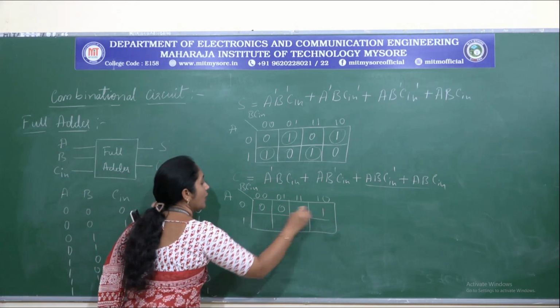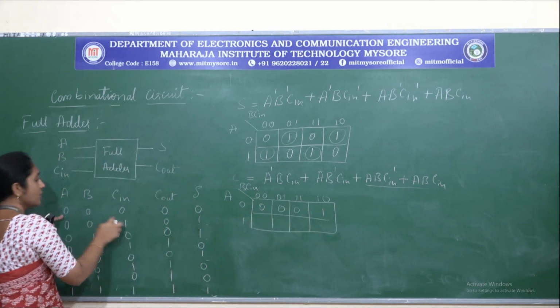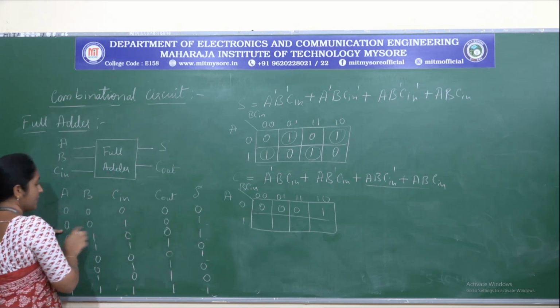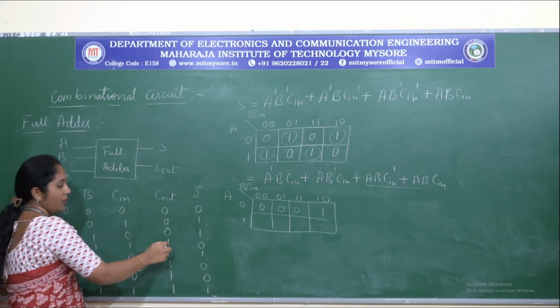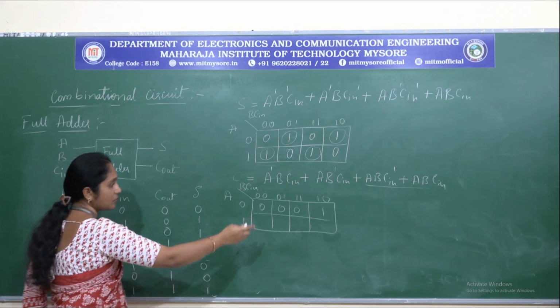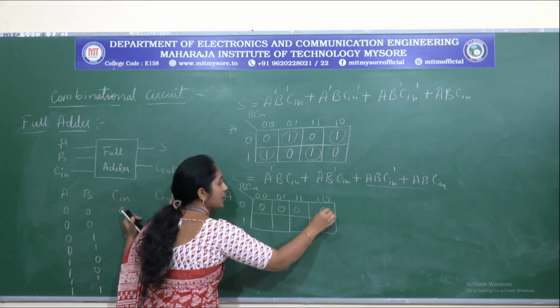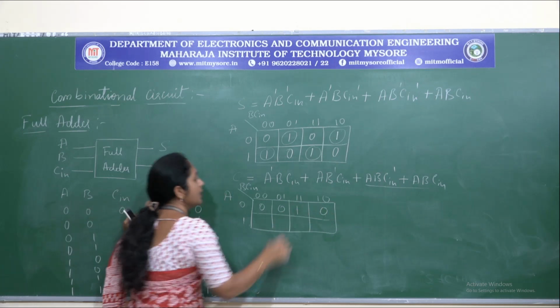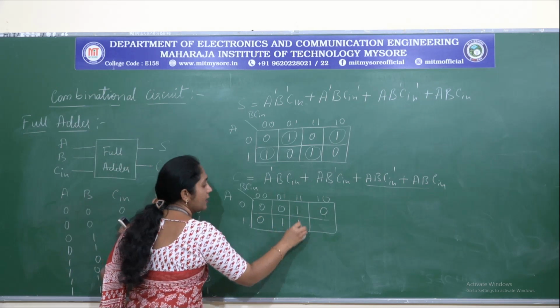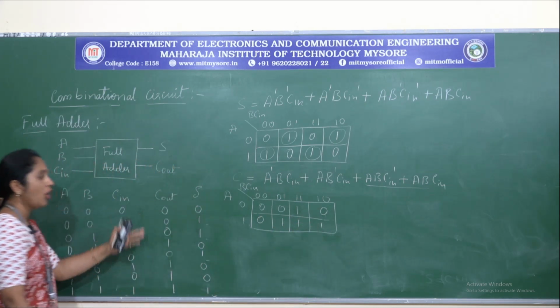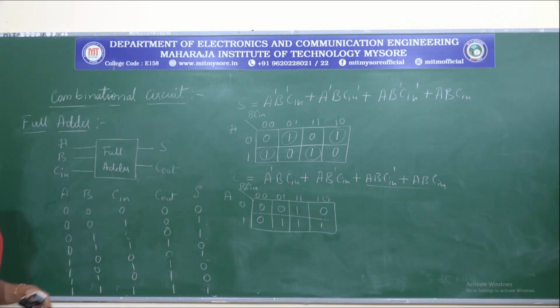You need to read the truth table: for 000 we have 0, for 001 we have 0, for 010 we have 0, for 011 we have 1. Like that you need to check and enter these values. If you copy the truth table entries into the K-map, that is how it looks.